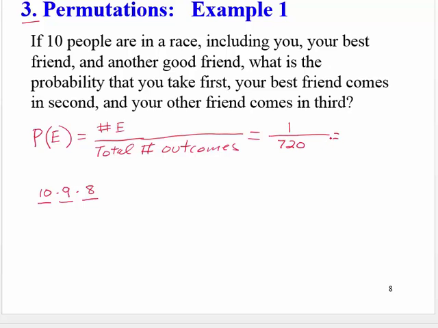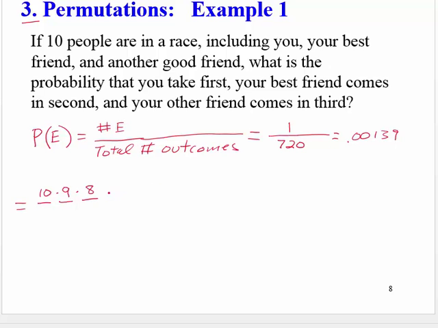So 1 over 720 is equal to 0.00139. Now this is also equal to, right?